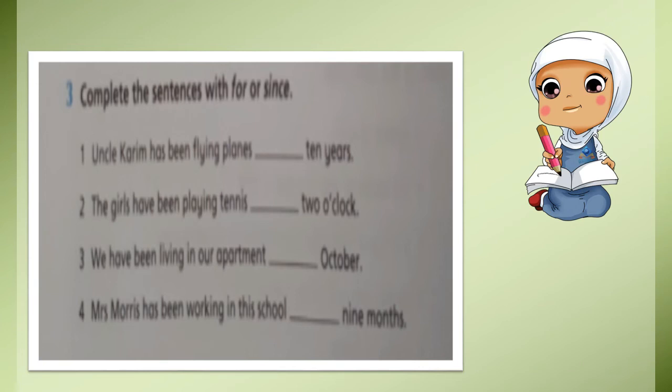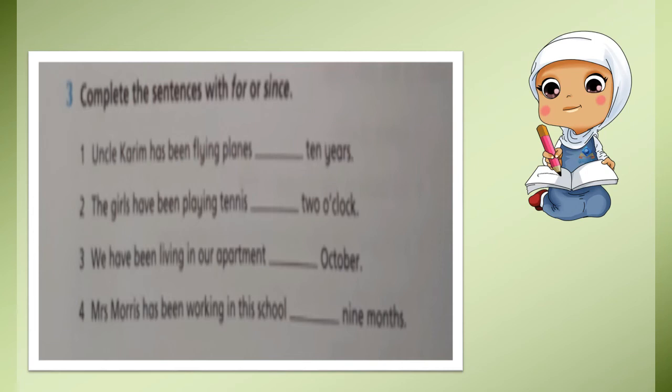Activity 3. Complete the sentences with for or since. Do you remember when we use for and since? Very good. For the whole period, but since the start of, excellent, period. Number 1.